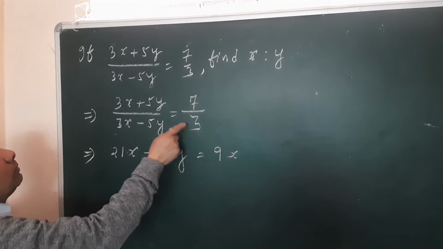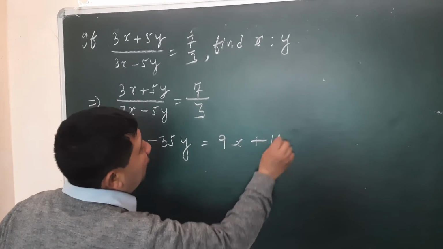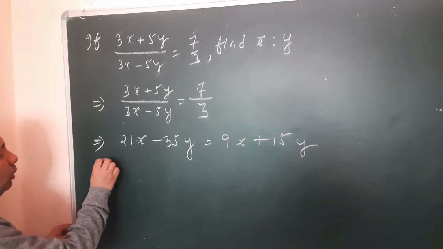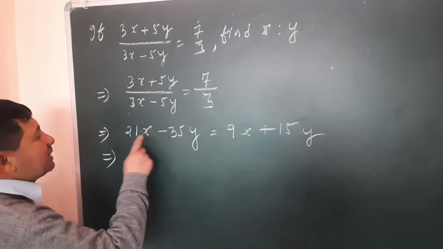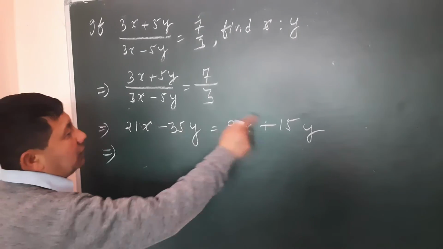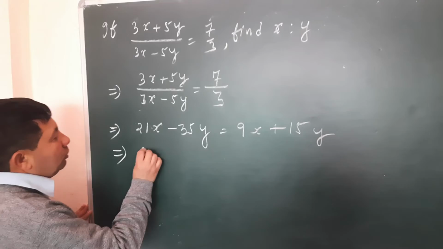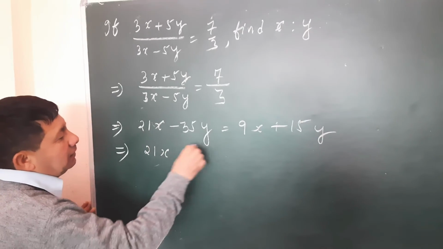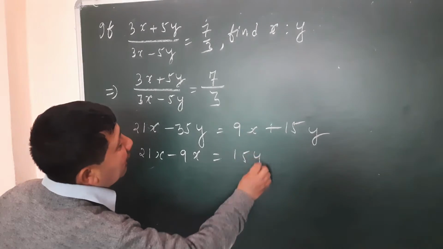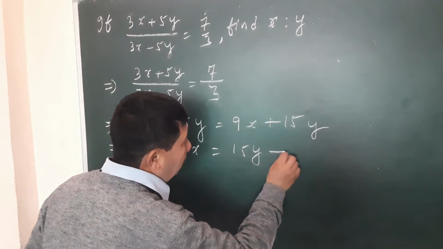Now next one 3. 3 3s are 9x, plus 3 5s are 15 and this y you have to write down. So you have to separate x and x, you have to keep on the left hand side and the others on the right hand side. That means the y portion. So 21x minus 9x equal to 15y, minus becomes here plus.